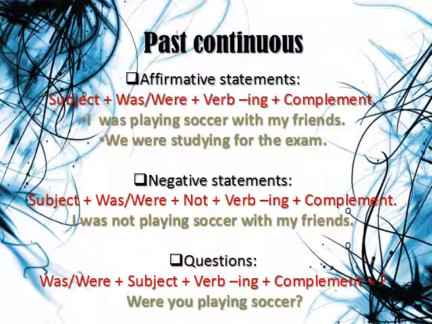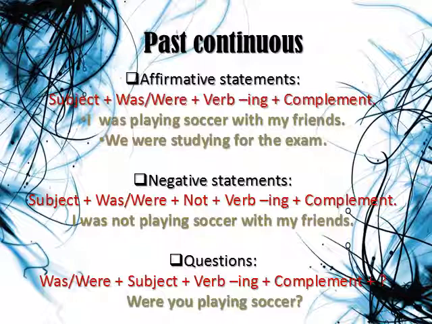So here, I was, you were, he was, she was, it was, we were, you were, they were. When it comes to singular pronouns, we put was plus verb plus ing. And when it comes to plural pronouns, we put were plus verb plus ing.